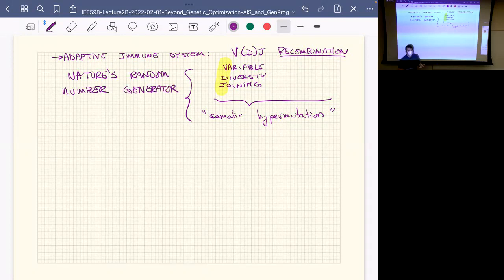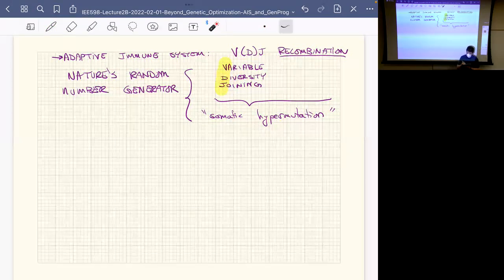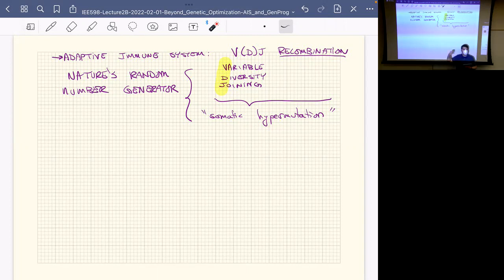Without getting into too many details, there's a region across a couple of different chromosomes that in each region has a bunch of these V variable sections, a bunch of these diversity sections, and a bunch of these joining sections. When you create new cells that can recognize what we're going to refer to as antigens, the antibodies that they create are built up from random selections from all the variable regions, the diversity regions, and the joining regions.